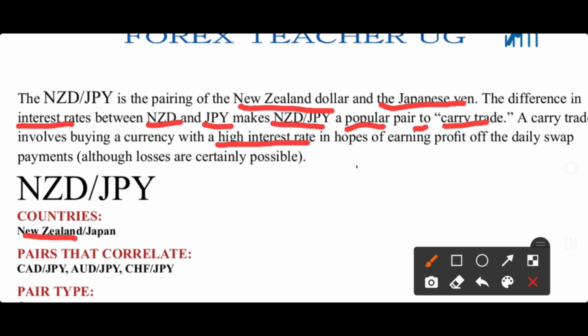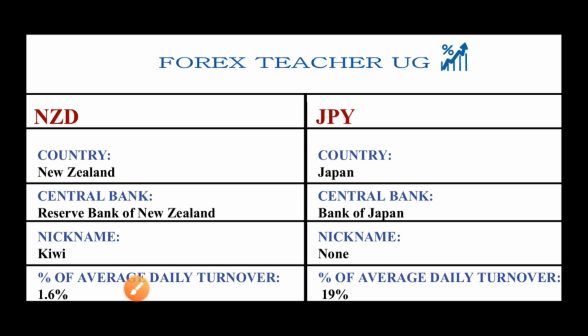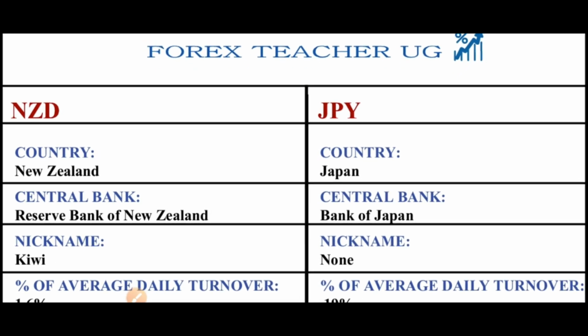So the countries are New Zealand and Japan. It correlates with CAD JPY, AUD JPY, CHF JPY. So the pair is a cross type, as we have seen here. This is more detailed, but we have already looked at these currencies. These are our minor currencies, and we are going to be proceeding with other currencies when we understand them.